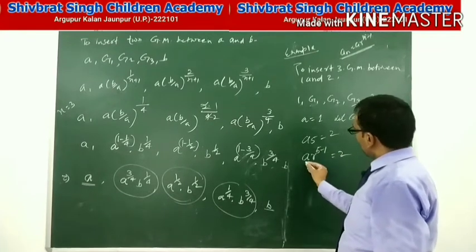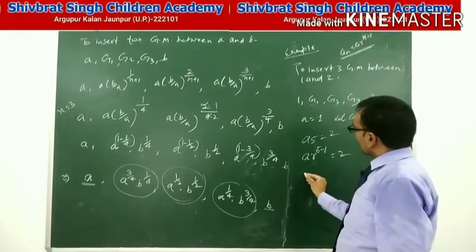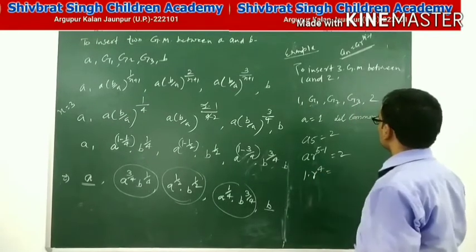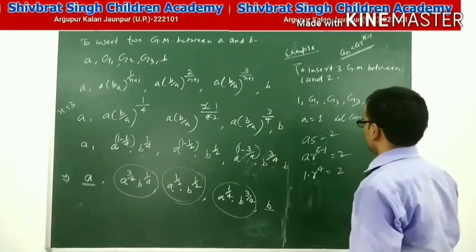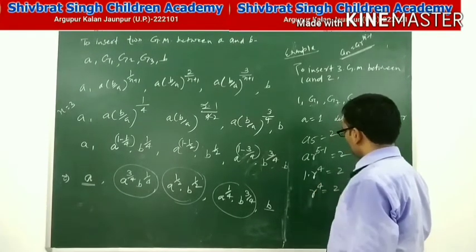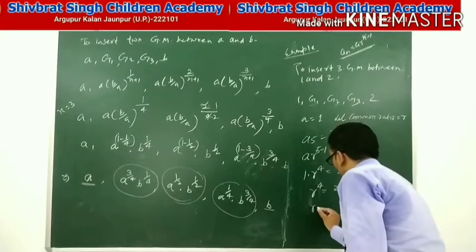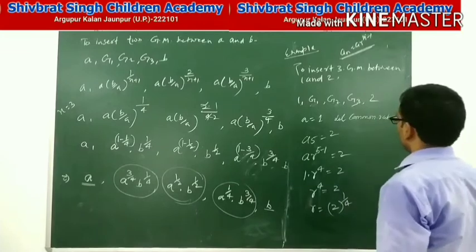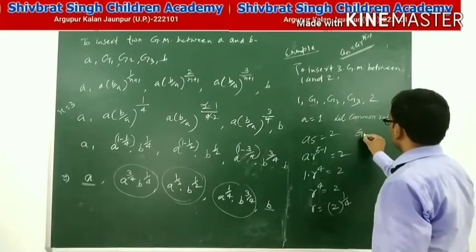Here a equal to 1, r to the power 4 is equal to 2. Now we find r to the power 4 equal to 2, and r equal to 2 to the power 1 by 4.